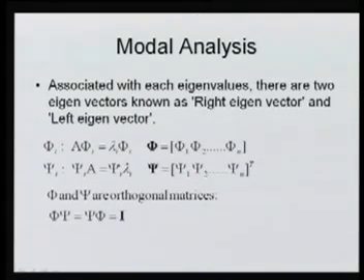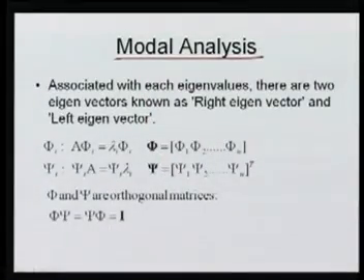To analyze small signal stability, modal analysis is performed, and this modal analysis is very important for seeing the system behavior and to judge whether the system is dynamically, or you can say small signal, stable or not. Associated with each eigenvalue, as I said, if your state transition matrix A is of order n cross n, there will be n eigenvalues lambda i.